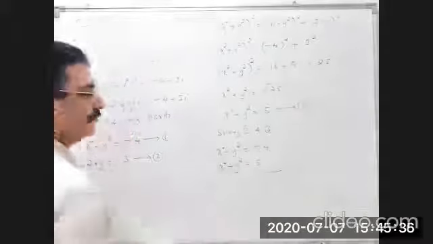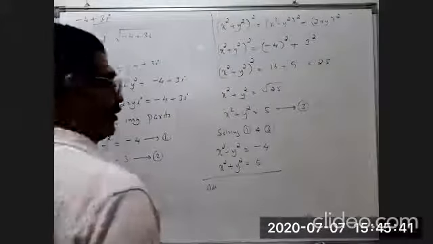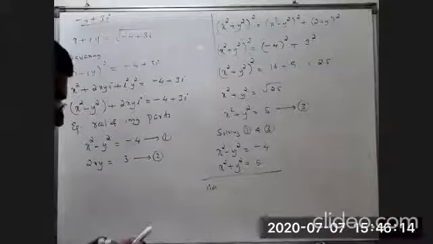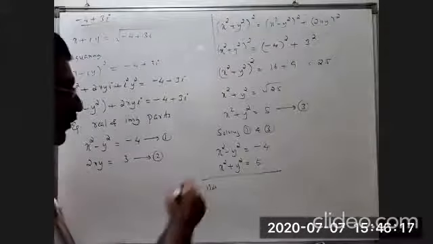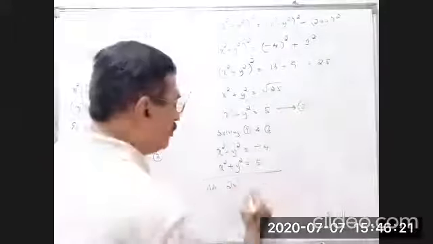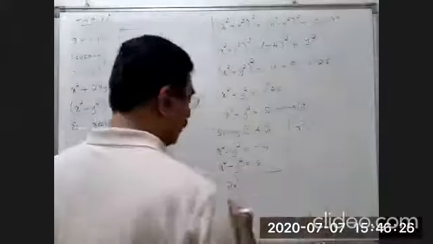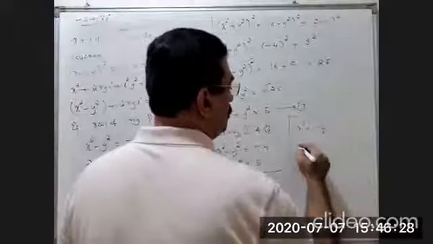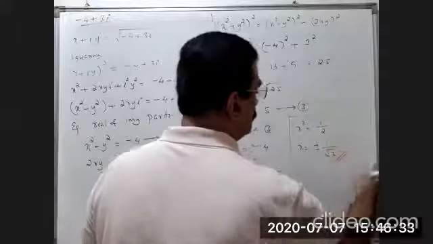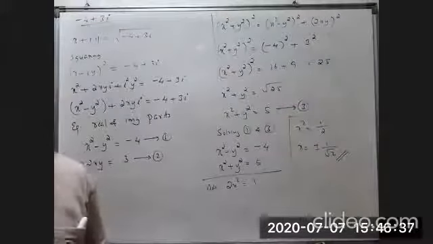Adding, two x square is equal to 1. X square is equal to 1 by 2. X is plus or minus 1 by root 2. We got x as plus or minus 1 by root 2.